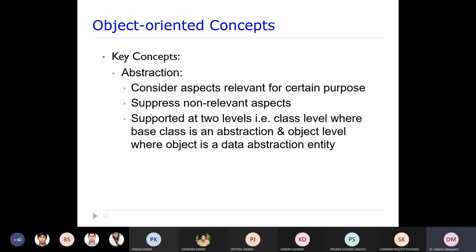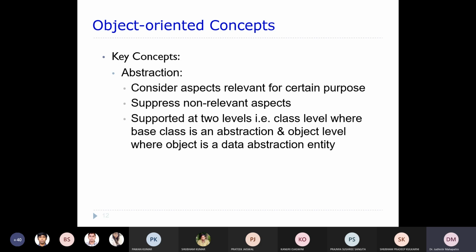Suppress non-relevant aspects, that means something which is not very relevant. Something which is required you keep, and something which is not required you can suppress. This is the way it all works.